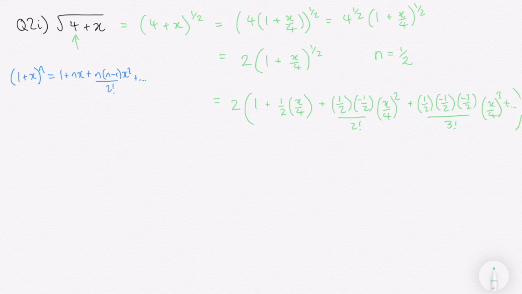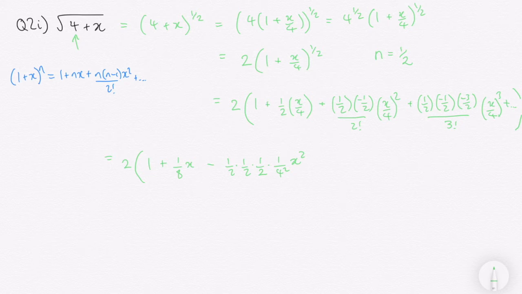and then our remaining terms. So now our job is just to simplify this. So we have 2 lots of 1 plus 1/8 of x, and here it's going to be negative, and then we have a half times 1 over 2 factorial, times a half, times 1 over 4 squared, lots of x squared.